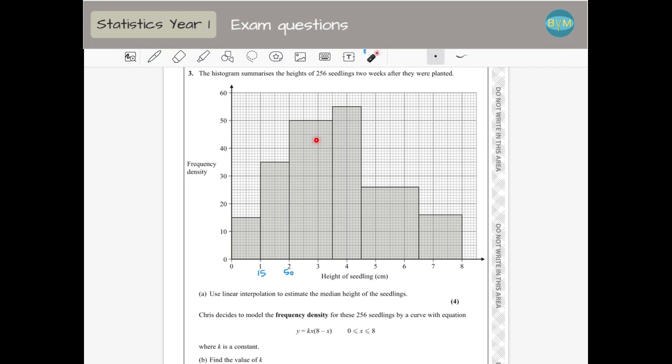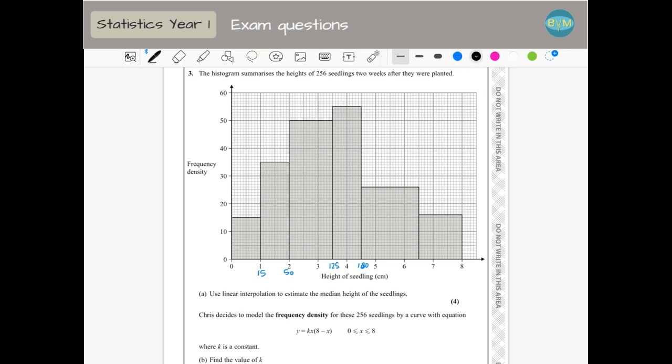Then this area here is 1.5 times 50, which is 75, so here we are at 125. Then we add 1 times 55, and this is 180. So that means that our 128th value is somewhere between the 125th and 180th value. This is the interval that I'm going to use to find the median and to do the interpolation.